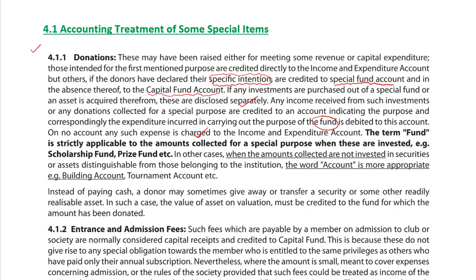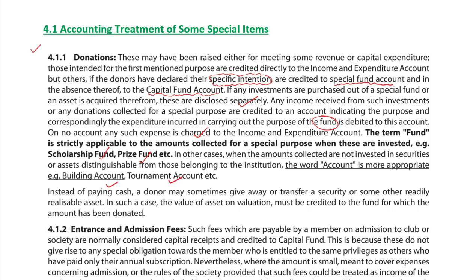The term fund is strictly applicable to the amounts collected for a special purpose where these were invested. Example, scholarship fund, prize fund, etc. In other cases, when the amounts collected are not invested in securities or assets distinguishable from those belonging to the institution, the word account is more appropriate.